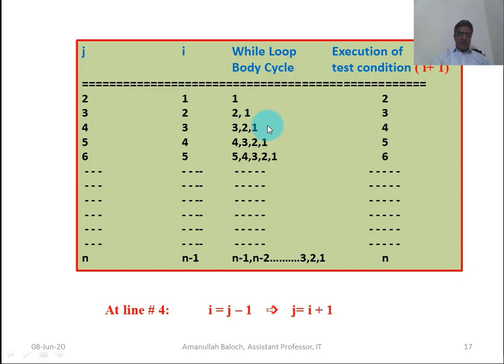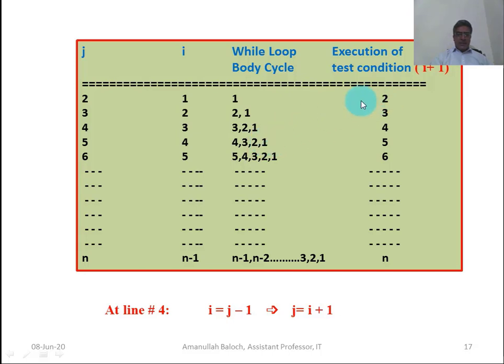But for I equal to 0, the while loop will not execute because the condition will become false. These are the instances of how many times the while loop executes. If j is equal to 5, then I becomes 4, and the while loop will execute its 4th cycle.